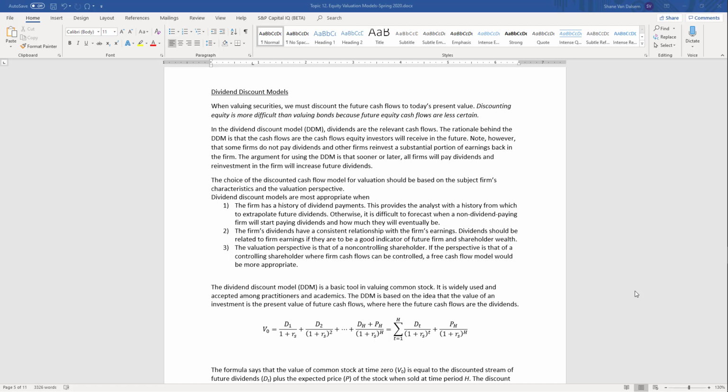And sometimes what happens in that case is that those investors will purchase that firm on the idea that the price will rise to match the price to earnings ratios of those other firms.